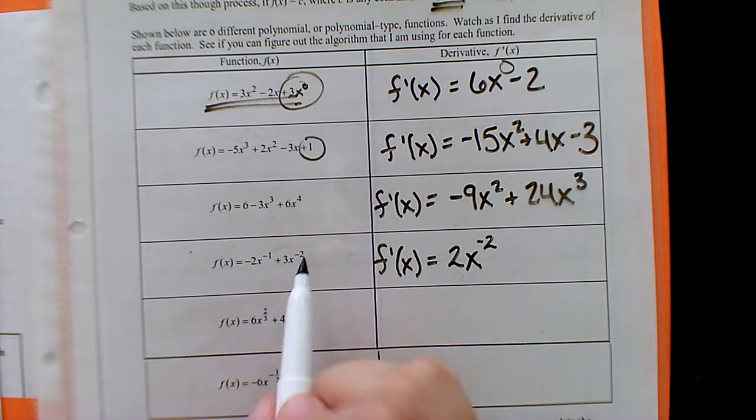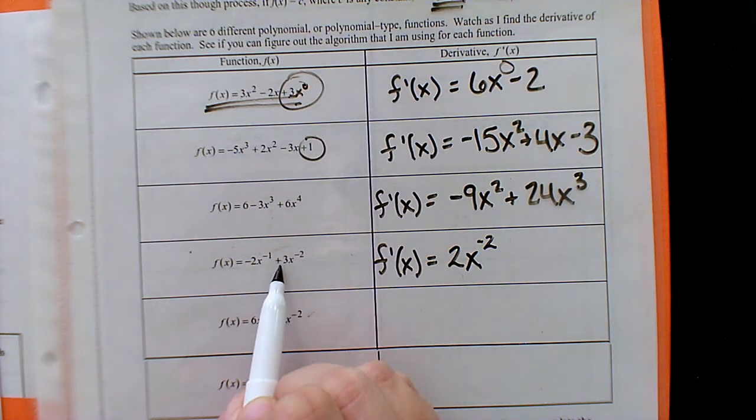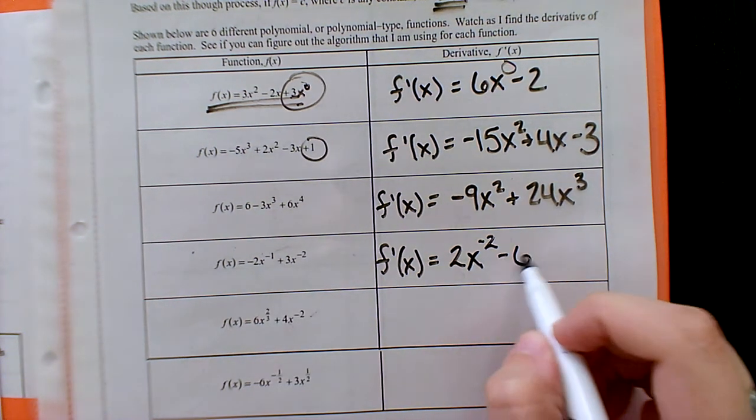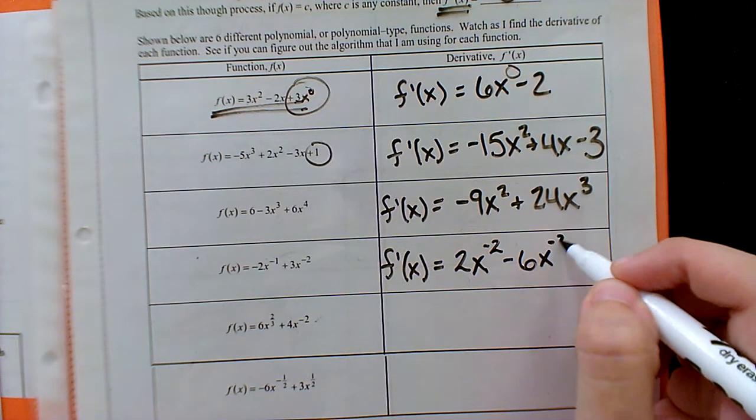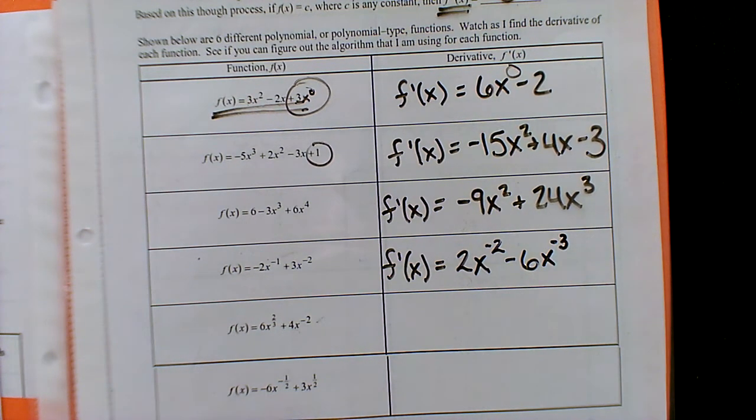If we continue through, power of negative 2 times coefficient of 3 would give us a coefficient of negative 6, and subtracting 1 from the power would give us negative 3. There's your derivative. Instead of having to go through that whole limit process, we've developed this shortcut or pattern. I'm sure you guys like that better than using those limits.